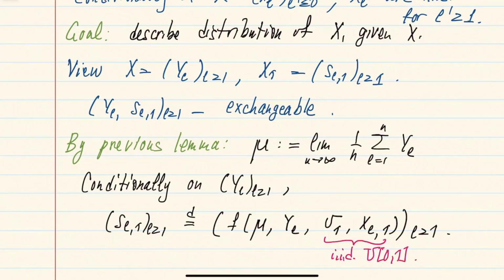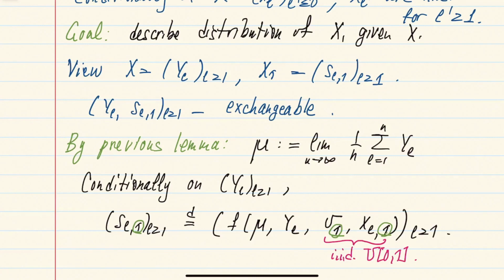So the reason I included that index 1 here is to emphasize that conditionally on the sequence Y, which actually is the entire half of the array, the only sources of randomness here are this V and X. And that is what describes the distribution of the first column on the right. So the index 1 here corresponds to that index 1 on the right hand side.